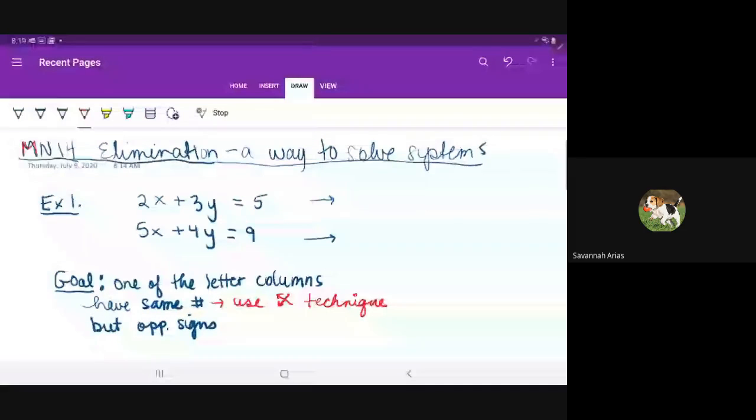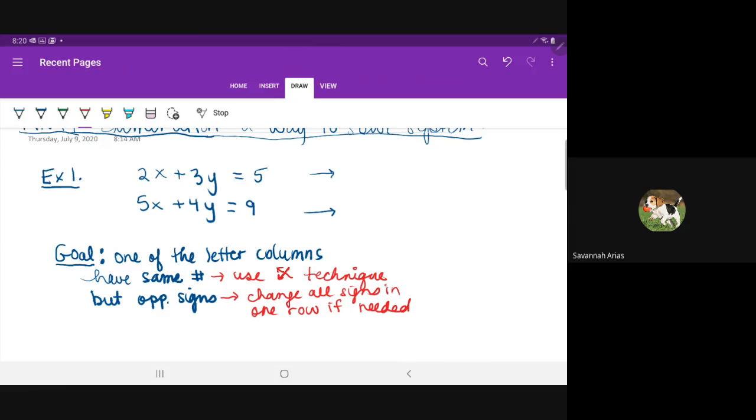But opposite signs. Change all signs in one row if needed. So write that out. This is going to be step 1. This is going to be step 2.